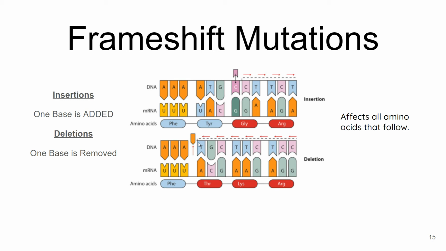And so it makes a huge difference. It affects that codon. So it changes that amino acid and every single codon and every single amino acid that comes after it. So these frame shift insertions and deletions, these frame shift mutations have a huge impact on your outcome.